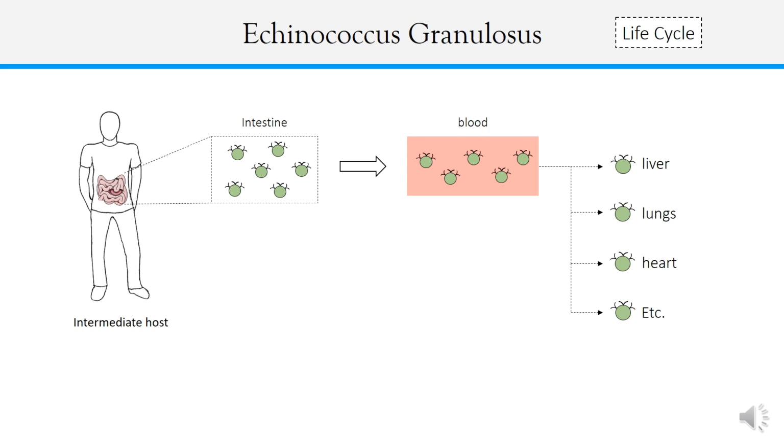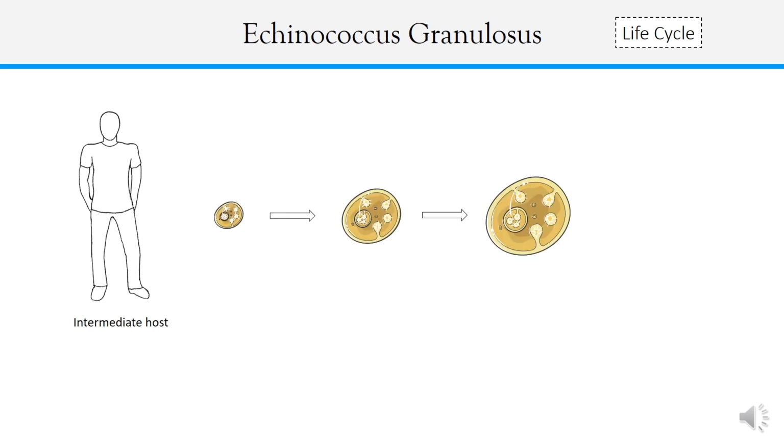Inside of these organs, oncospheres that are quite small will be transformed into the fin, the second stage of immature form of this parasite, and unfortunately this fin may become quite big and may compress those internal organs where it is located.